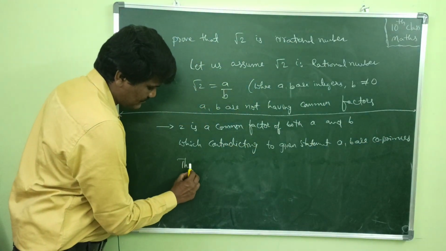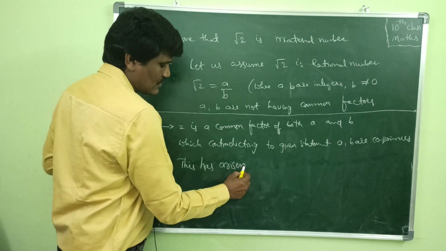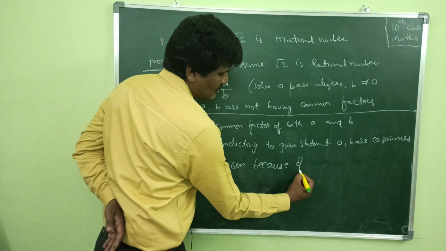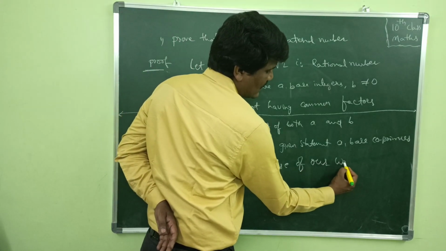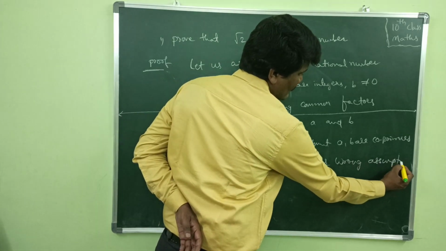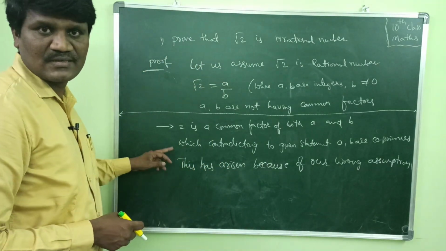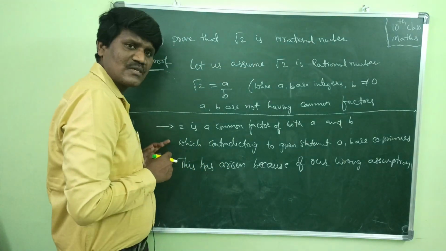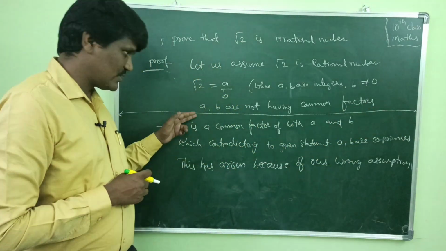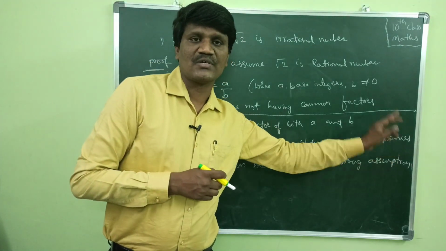This has arisen because of our wrong assumption. This statement is the most important. You should write these two statements always in the examination: which contradicts the given statement a, b are co-primes, and this has arisen because of our wrong assumption.